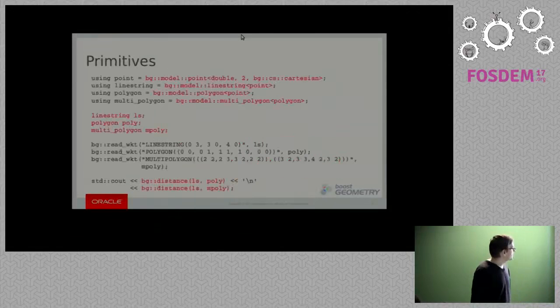And here, on the other hand, the point is using Cartesian. So in order to use spherical geometries, you only need to put either BGCS spherical with some units, radians or degrees, or spherical equatorial, which will be probably something which you'd like more.